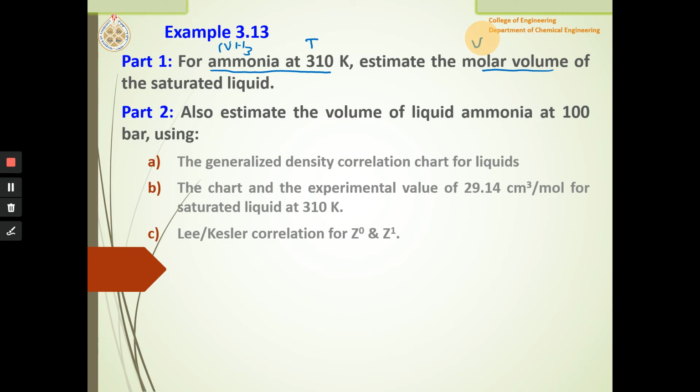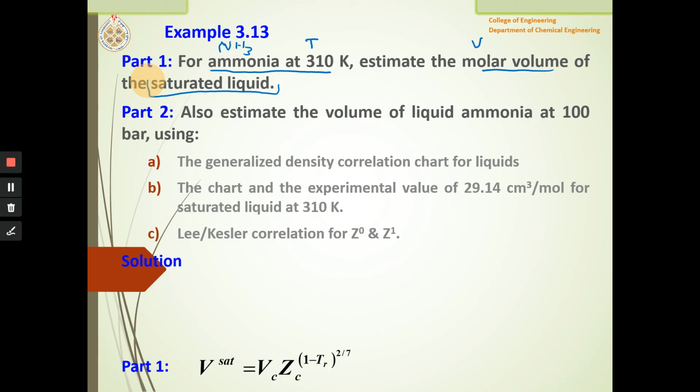Because at your stage, maybe you don't know that ammonia at 310 has a liquid phase. So here they mention that estimate the molar volume of saturated liquid. Wow, that's clear. The word saturated liquid is just a quick hint, very easy, that I need to use the Rackett equation.